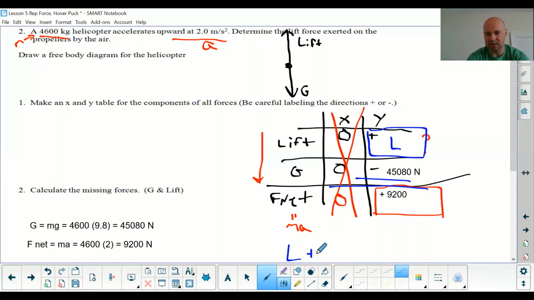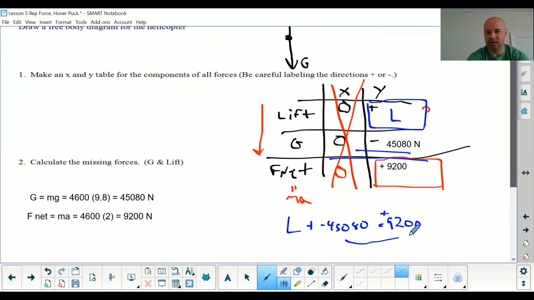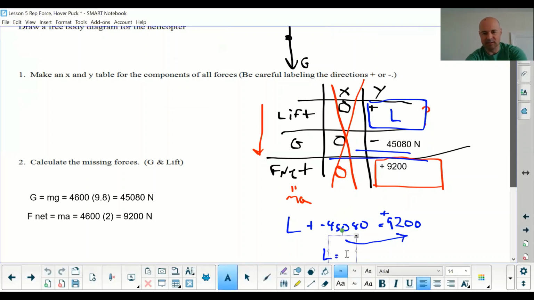So L plus a negative 45,080 equals a positive 9,200. So if you look at this, you just say, okay, I just have to do algebra here. This isn't rocket science algebra, so I just take that negative to the other side, it becomes positive. So L would equal, and let me type because again, my handwriting is not good.